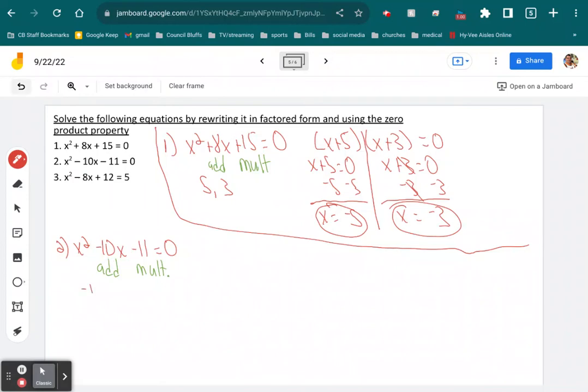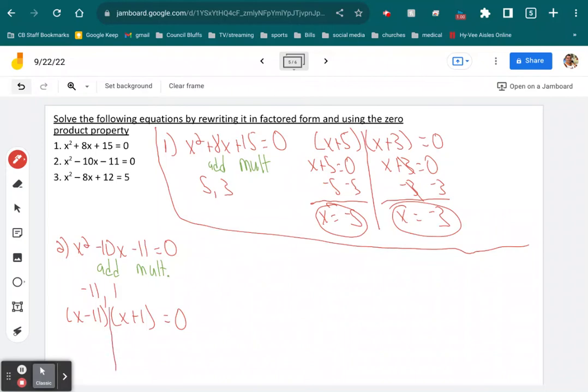So the combination that's going to work here is negative 11 and positive 1. So my two factors in this case are going to be x minus 11 and x plus 1. Negative 11 plus 1 is negative 10, and negative 11 times 1 is negative 11.